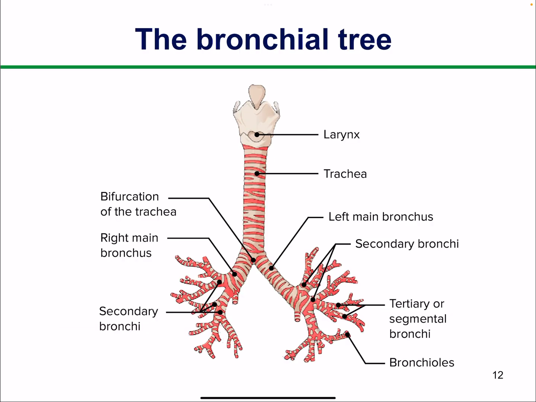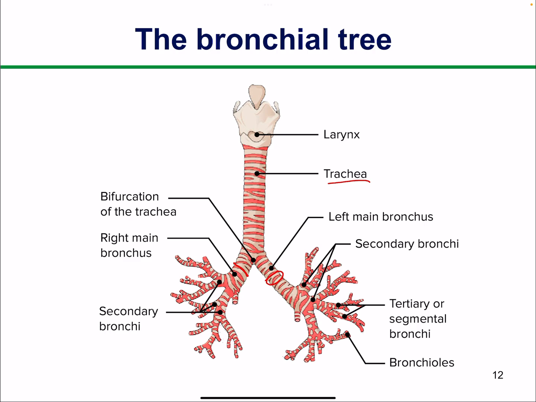Now, going down into the lower respiratory tract, the trachea is going to divide into bronchi. This is one bronchus, and this is another bronchus. The bronchi branch off into secondary bronchi.